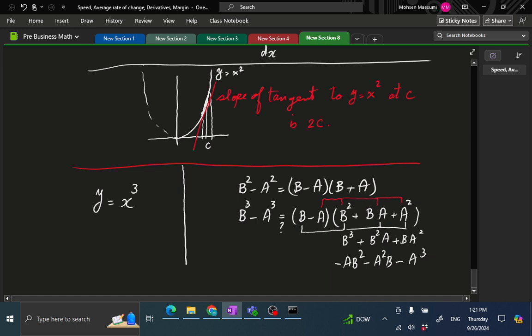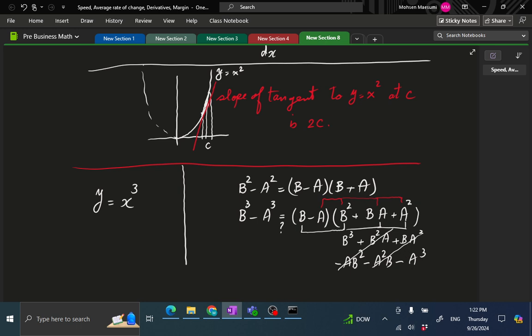Look at the magic, these two cancel each other out, these two cancel each other out, and out comes b cubed minus a cubed. There's a particular pattern to this: b squared, then power 1, then power 0, and a power 0, power 1, power 2. So that's a very nice pattern to it.